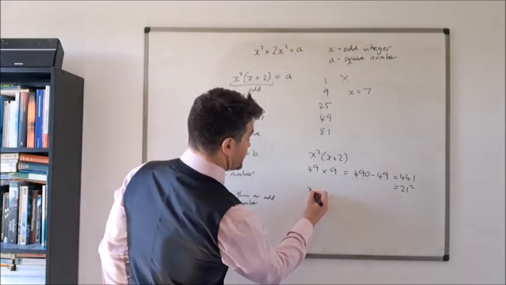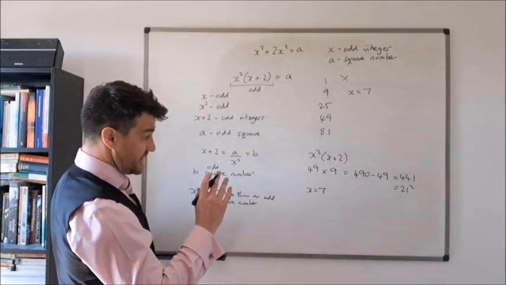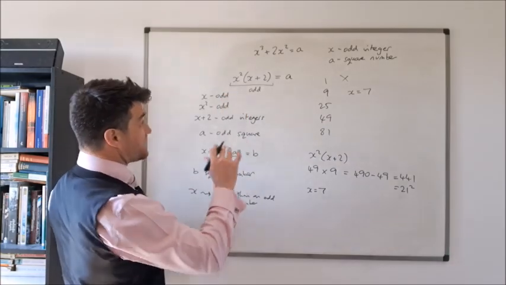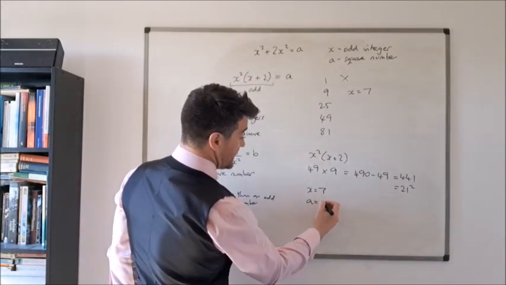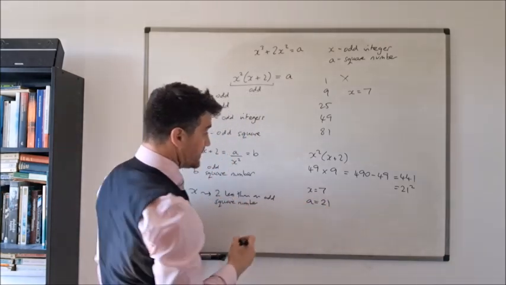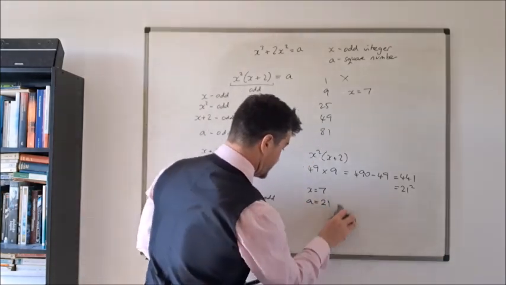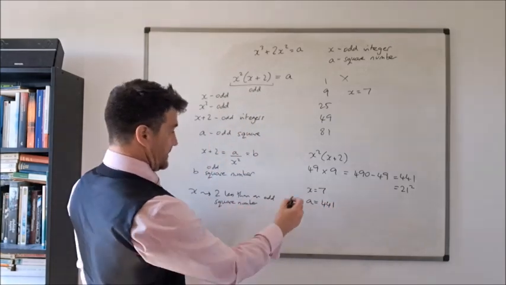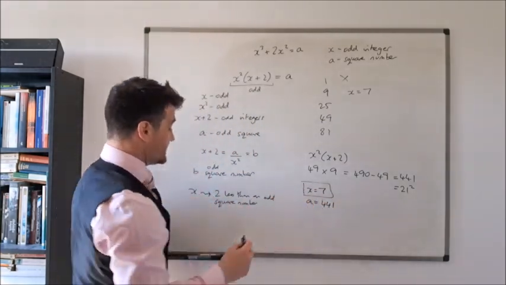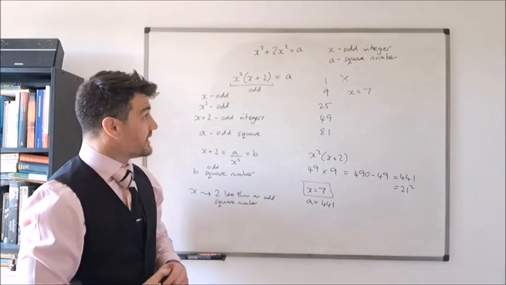So that means that x equals 7 is the smallest value of x that satisfies this condition, and in that case a is 21 squared, or 441. So x equals 7 is the solution to our problem.